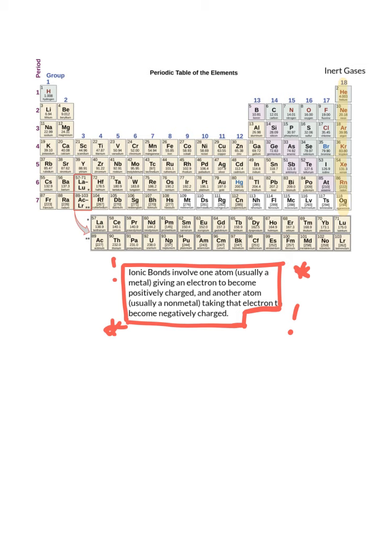So this statement right here is just restating what I said, very, very important to commit to memory. Ionic bonds generally happen between metals and nonmetals, which can be located on the periodic table as per the discussion that we had in the first video.